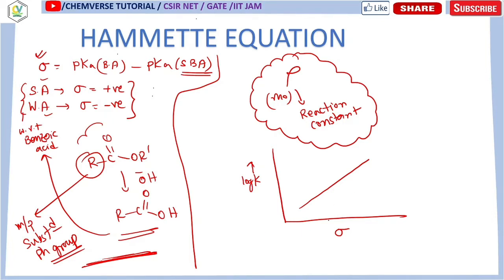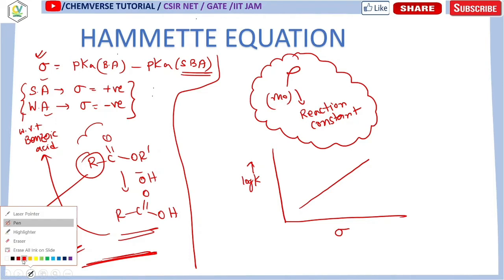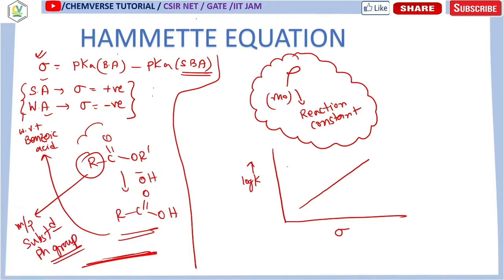Now for different reactions we are getting two kinds of straight line. One is having a positive slope and the other one having a negative slope. So it is not only the ester hydrolysis, we are studying different kinds of reactions. The Hammett equation or that ester is our model compound.